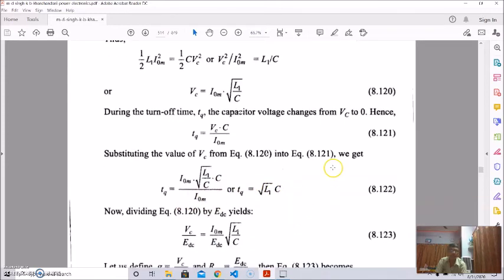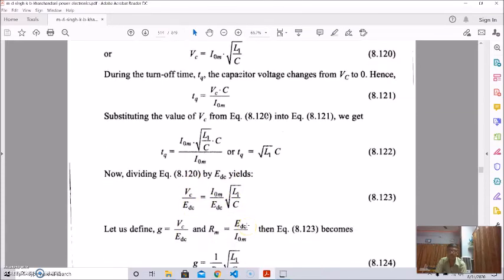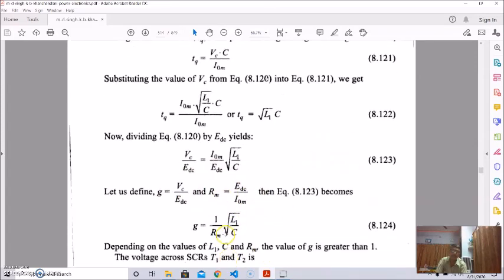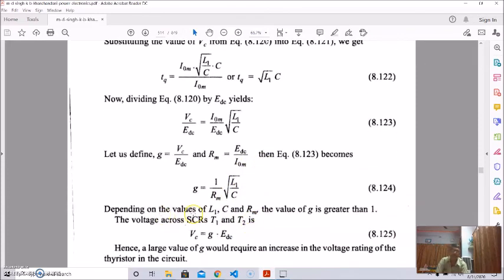Now dividing by EDC, VC by EDC equals IOM by EDC into root over L1 by C. If we define VC by EDC equal to G and RM equal to EDC by IOM, this equation becomes G equals 1 by RM root over L1 by C. Depending on the values of L1, C and RM, the value of G is greater than 1.